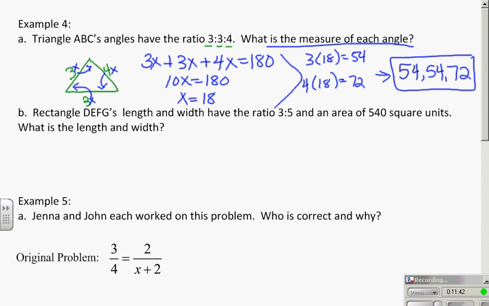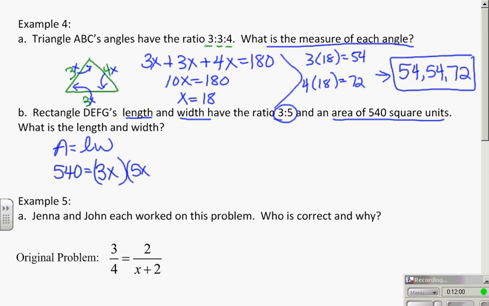Similar thing in B. If the length and the width have this ratio and the area is this, remember area is length times width. If I'm going to put that common factor that got canceled in, I'm going to say 3x times 5x.